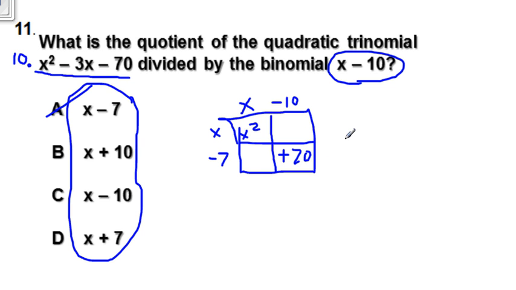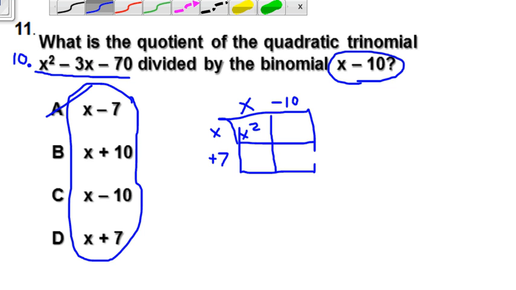But if we try x minus 10 times x plus 7, we'll get a negative 70 right here. I'm going to go ahead and erase this and put in a negative 70.